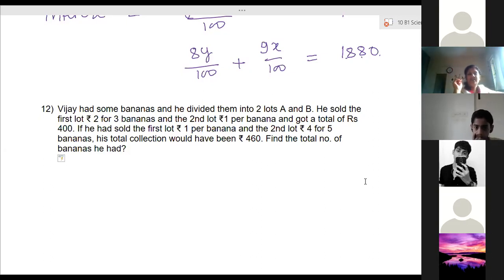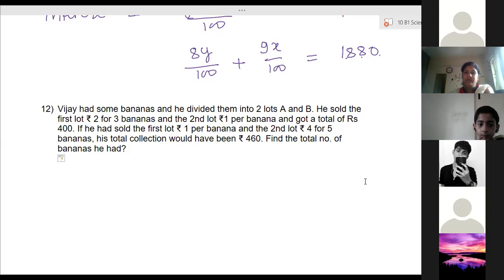And second lot at ₹1 per banana, and got a total of ₹400 after selling everything. If he had sold the first lot for ₹1 per banana and the second lot for ₹4 for 5 bananas, then his total collection would have been 460 rupees. Find the total number of bananas he had.